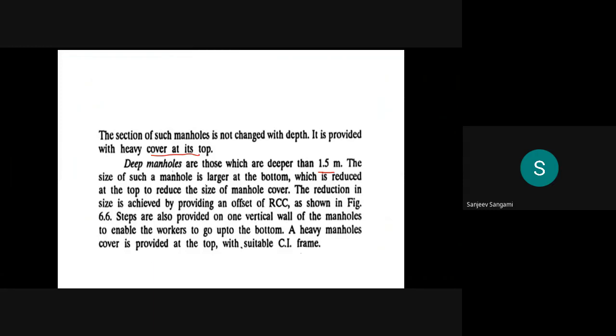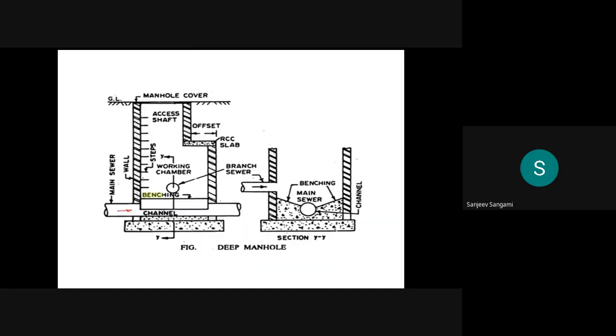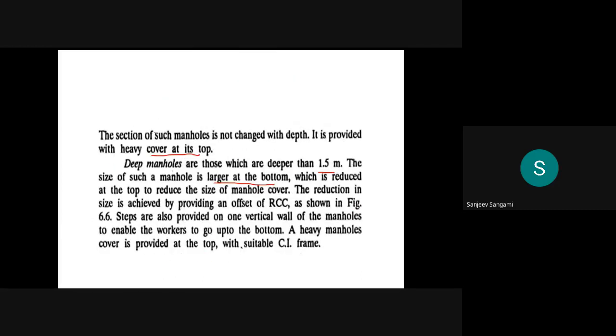The size of such a manhole is larger at the bottom. If you see that section, whatever I showed in the diagram, it is larger at the depth. As it goes up, the size becomes very small, reduced at the top to a manhole cover.